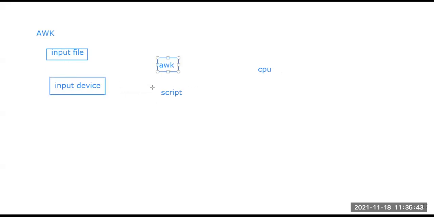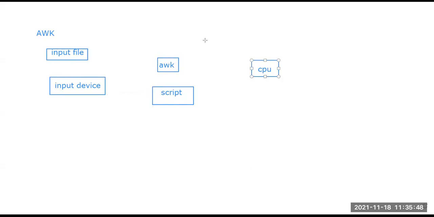Second, there is the CPU, and a part of AWK is our AWK script. All these things are related to each other.